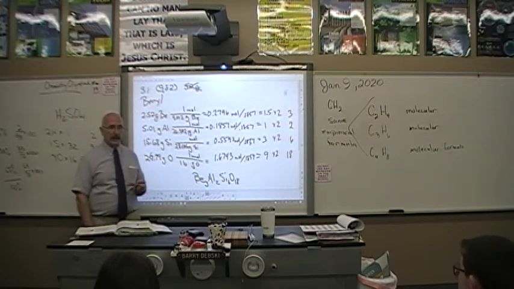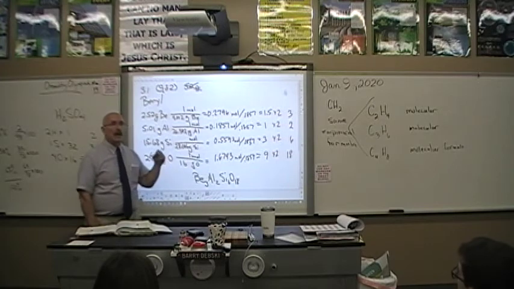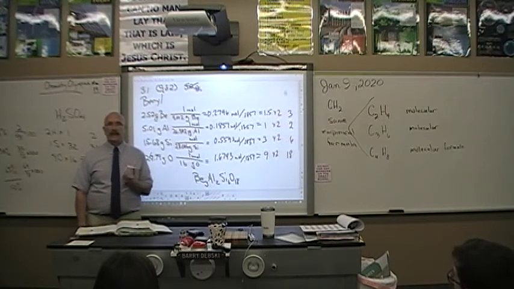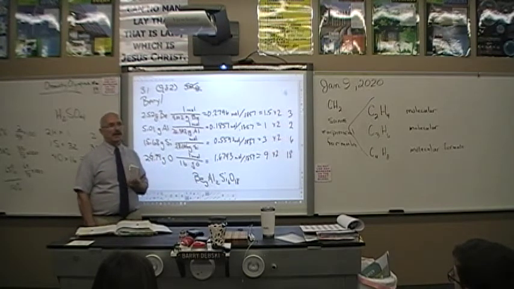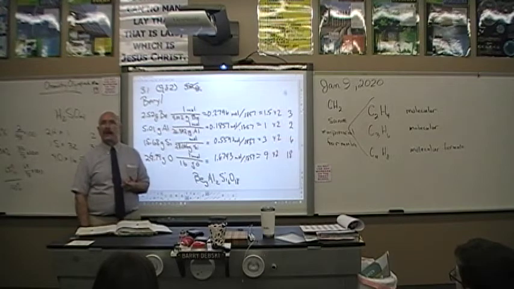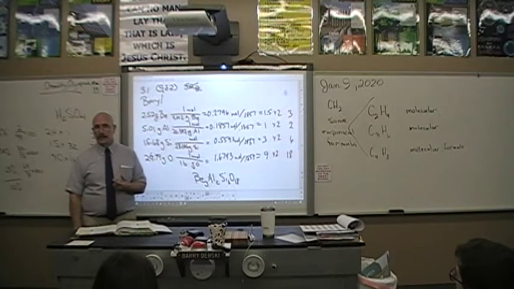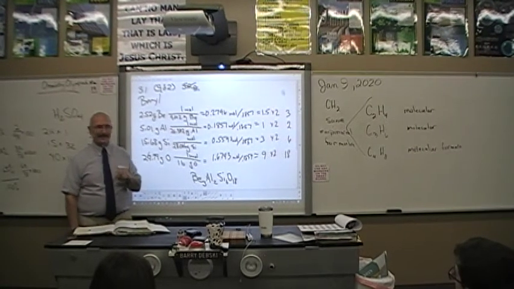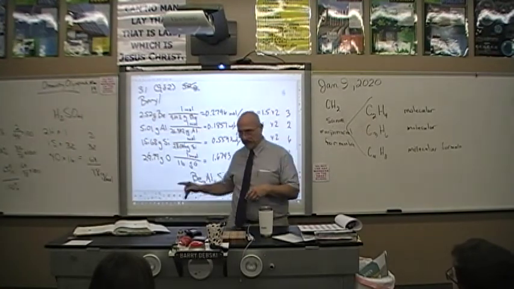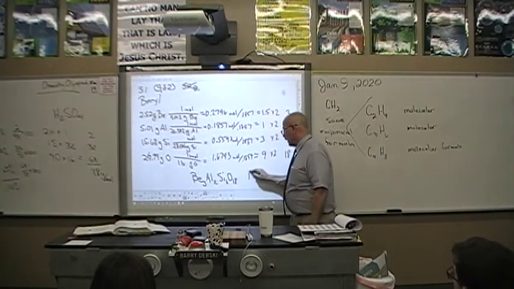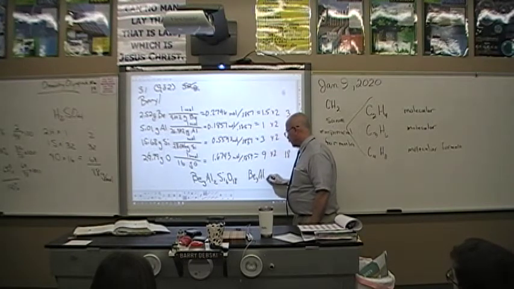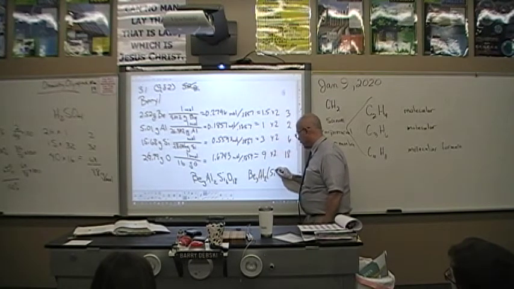Now I know something here that maybe you're not familiar with. There is a compound called silica, which is the main component in all sand. In fact, sand is SiO2. So I'm guessing that the real formula here, but I would accept this as the right answer, is Be3Al2(SiO2)6.